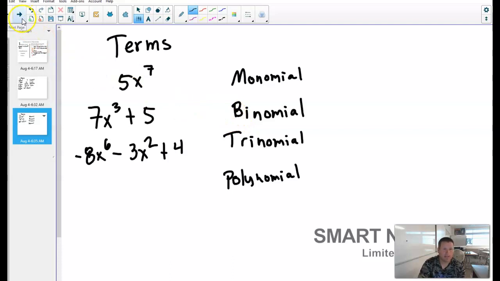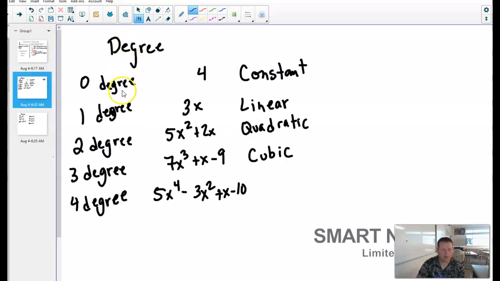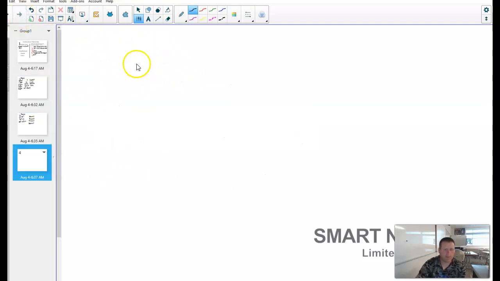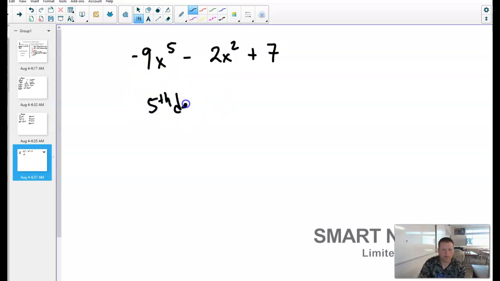Okay, so we can classify by its degrees, which is its powers, and by terms, which is however many terms there are. So if I gave you negative 9x to the 5th minus 2x squared plus 7, and I asked you to classify it by its degree, we would say this is a 5th degree.